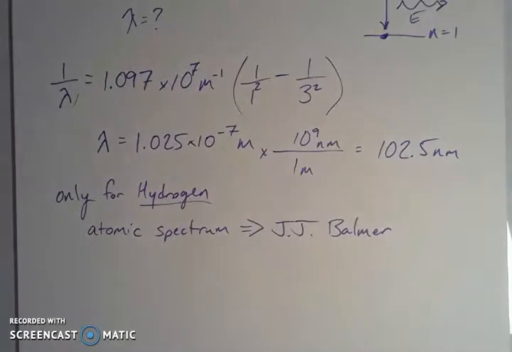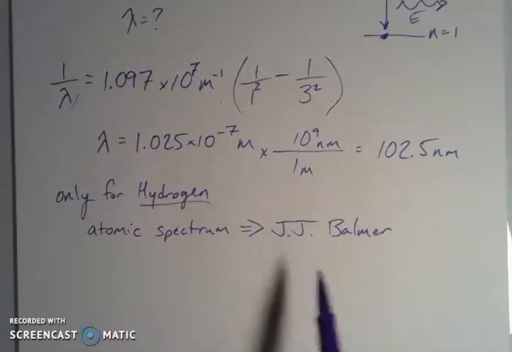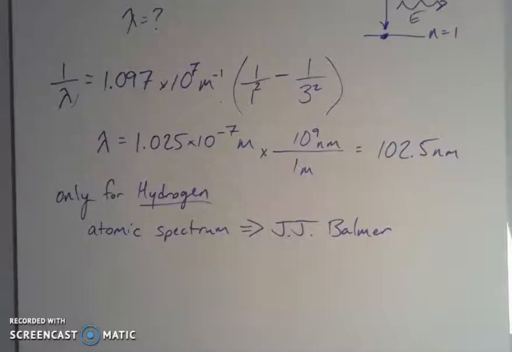So what J.J. Balmer did is he said, I'm going to use this equation that relates all of these constants together, and then we're going to think about the visible light that comes off of the hydrogen atom when it burns. Because the visible light is what we as humans are interested in because that's what we can see.